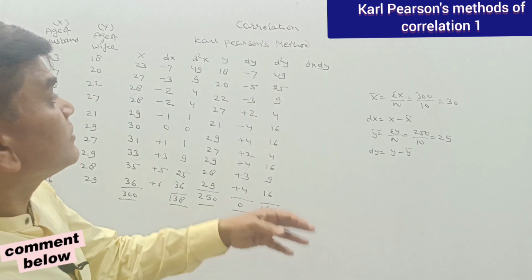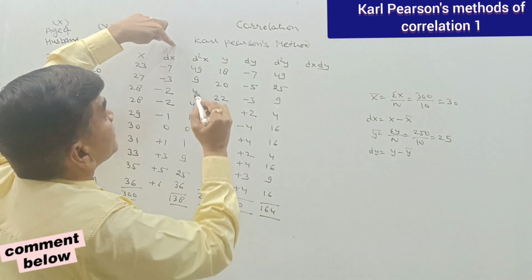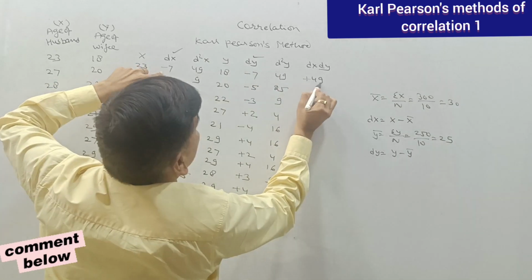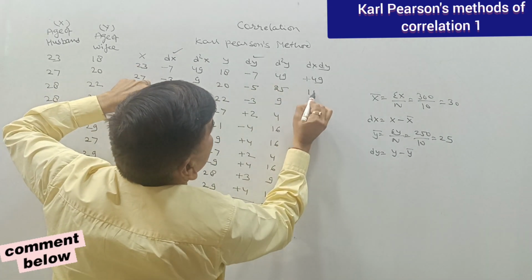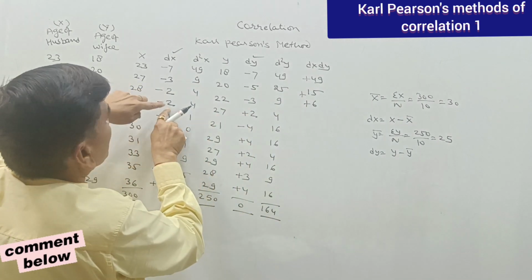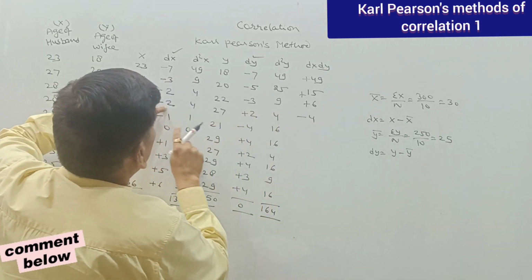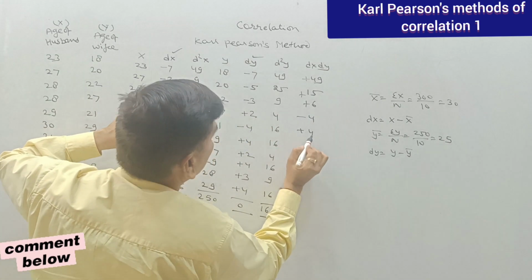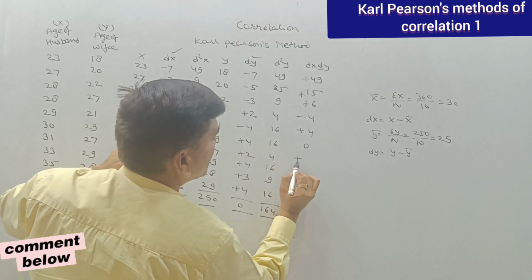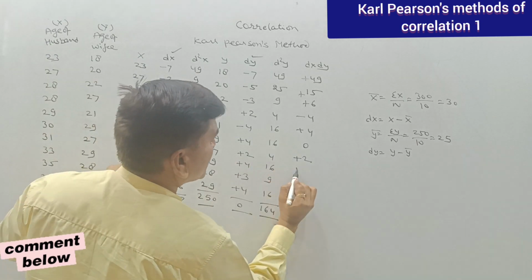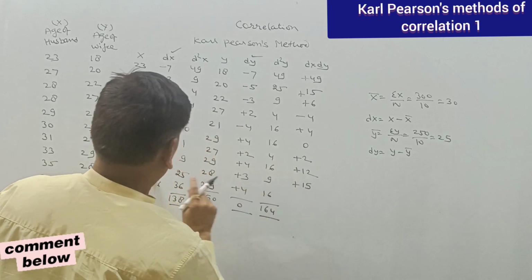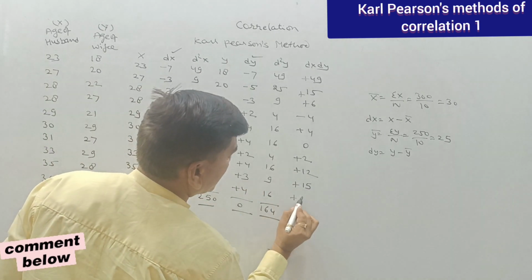Next we require dx dy. 7 times 7 is 49 plus, 3 times 5 is 15 plus, 2 times 3 is 6 plus, 2 times 2 is 4 minus, 1 times 4 is 4 plus, 0 multiplied by 4 is 0, 1 multiplied by 2 is plus 2, 3 multiplied by 4 is plus 12, 5 multiplied by 3 is 15, and 6 multiplied by 4 is 24.